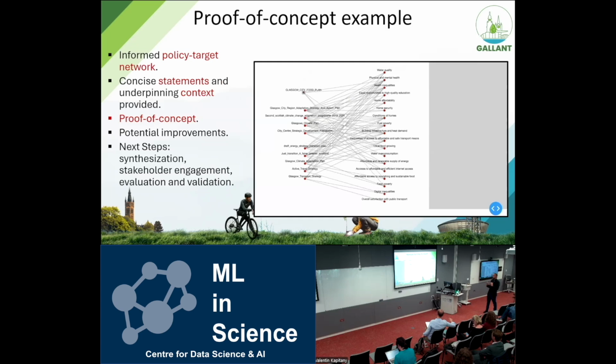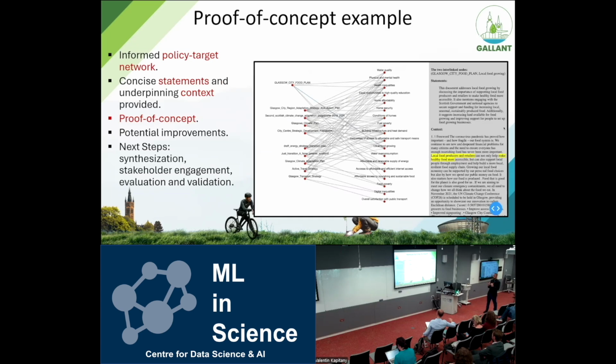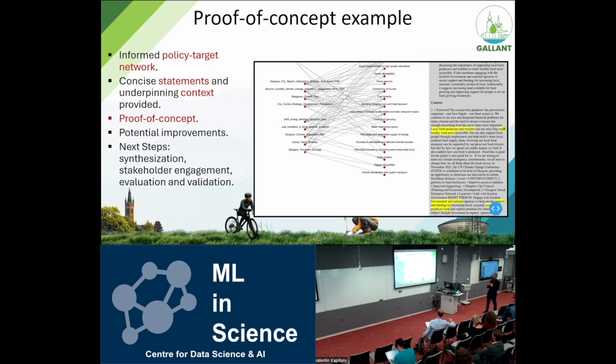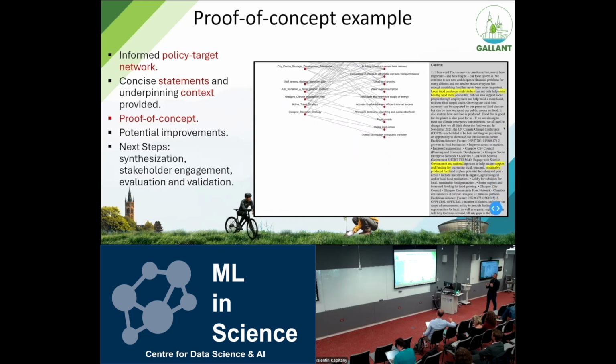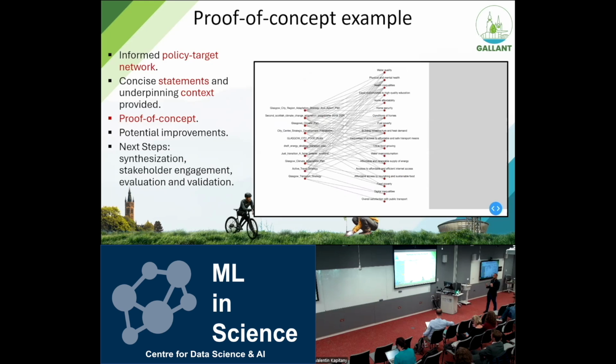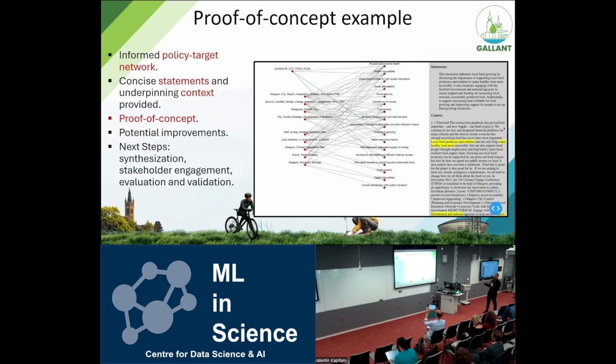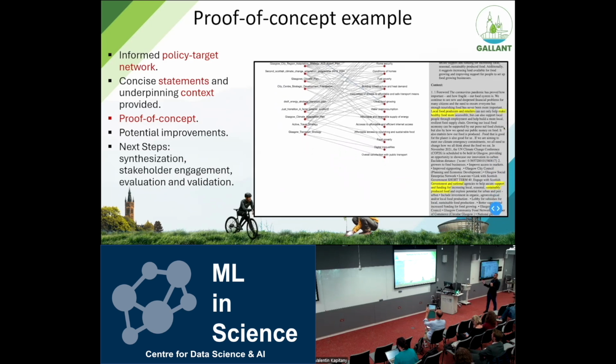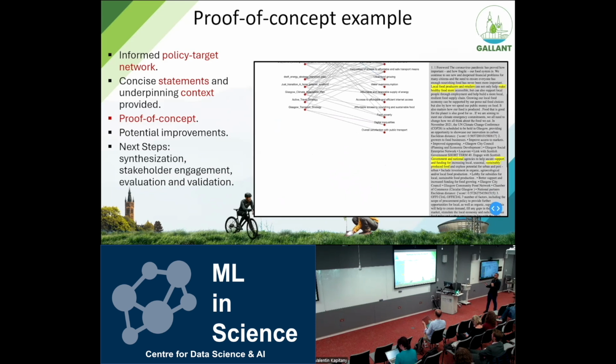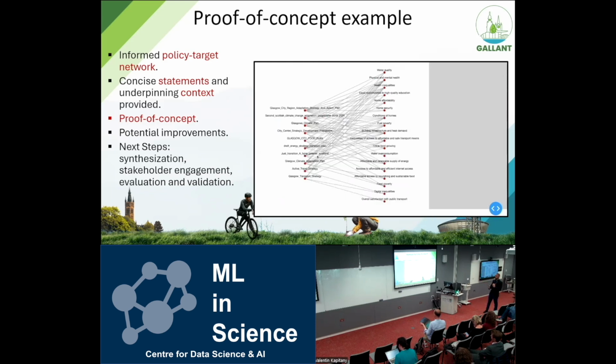So here I'm demonstrating a proof of concept illustrating how we can use a RAG application to construct a knowledge map in the form of a policy target network. This network maps the policy documents shown on the left column to sustainability targets on the right column.